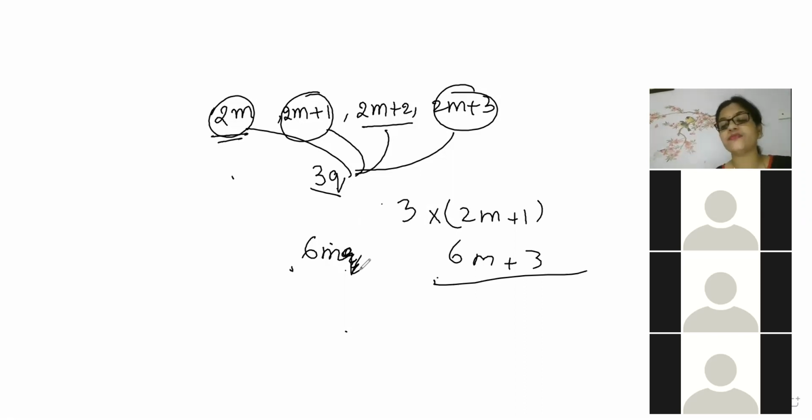Now beta, what is 6M? 6M is even, 3 is odd. Even plus odd is odd. Very good, Kamya. Very good, Janani. I hope now you might have understood how to represent a number.